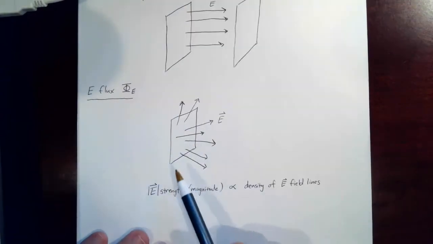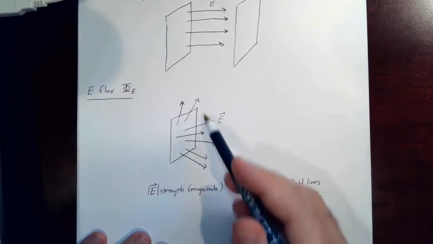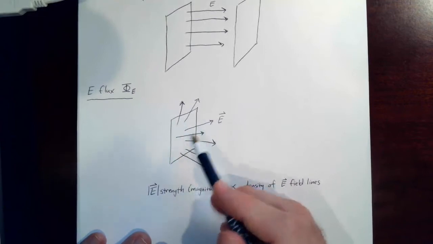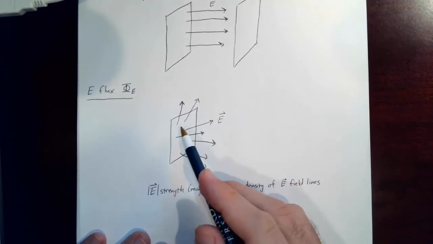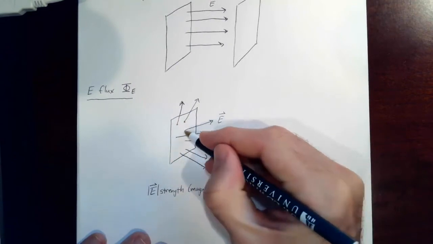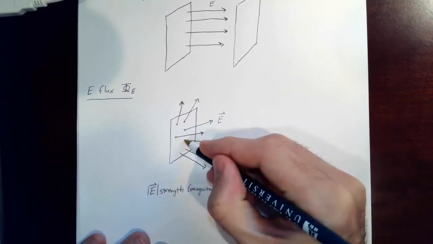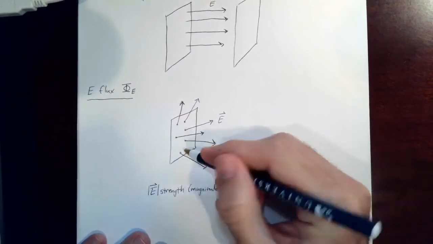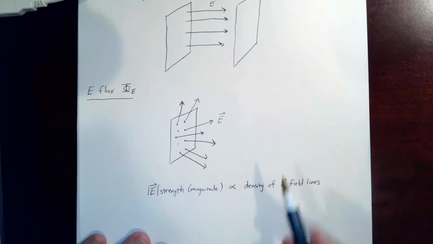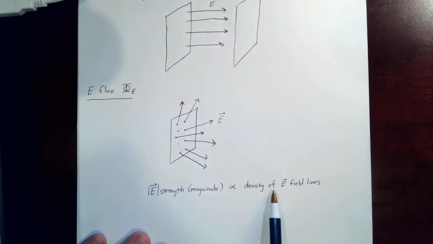So back to this picture, if I want to know how much electric field is flowing through this surface, clearly the more field lines that I have piercing the surface, the more electric field I have going through the surface. And more field lines piercing the surface means that those field lines are more densely packed.